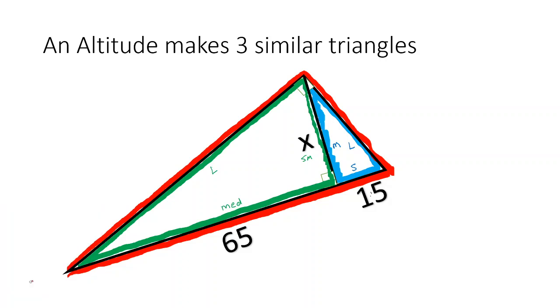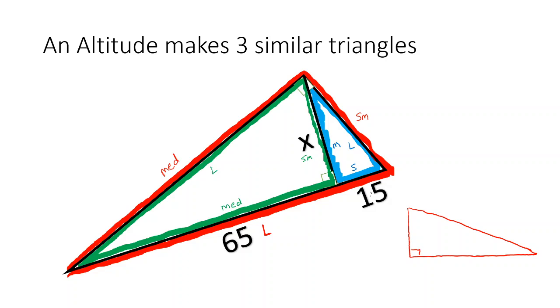And in the red triangle, we have the small leg, the medium-sized leg, and the longest side of the triangle, the hypotenuse, which we'll just call L. Now I want to sketch out the three triangles. They are similar triangles. According to this lesson, the altitude of a right triangle creates three similar right triangles.